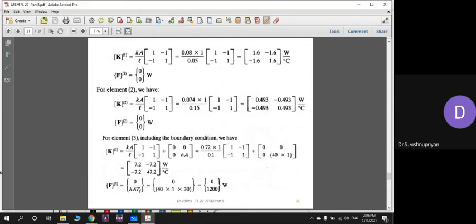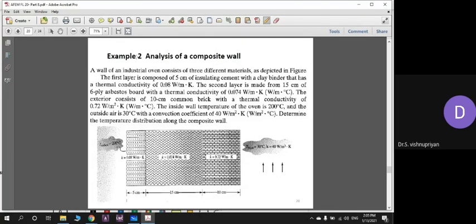So as compared to the fin problem, this is a bit easier. This is the conductance element, KA over L, times 1, minus 1, minus 1, 1. I'm doing it for the first element. For the first element, K is given as 0.08 and length is given as 5 centimeters.